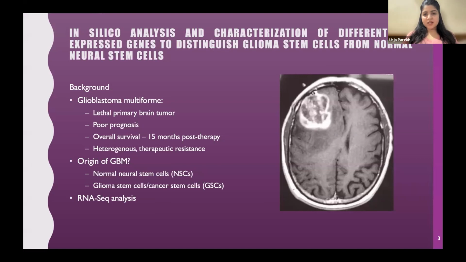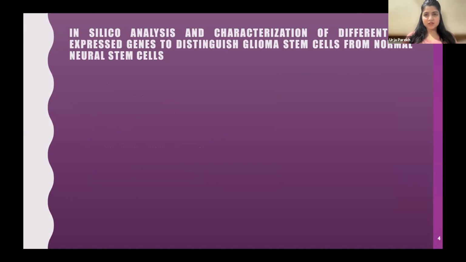To get a better understanding of this, I performed RNA sequence analysis. I looked at a current repository of RNA sequence data for glioma stem cells and normal neural stem cells, from which in my previous analysis I took 40 samples, 20 of normal neural stem cells and 20 of glioma stem cells.